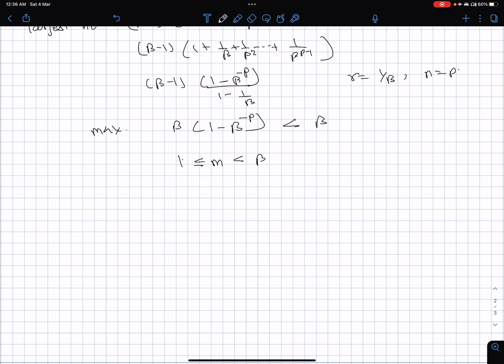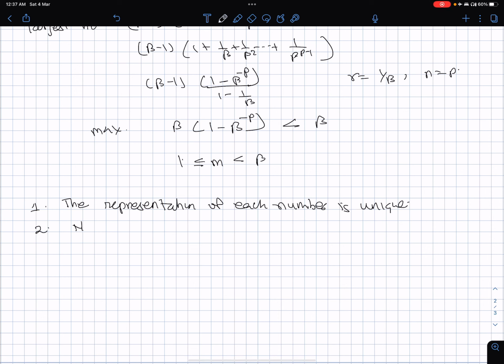Now, what are the advantages of normalization? Number one, and very important, the representation of each number is unique. Is it not? Representation of each number is unique.